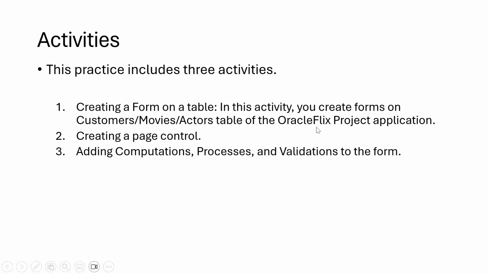We are going to create a form for each of these tables. Then we create a page control, and the last activity is adding computations, processes, and validations to the form. So I'm now taking you to the Oracle Flix.